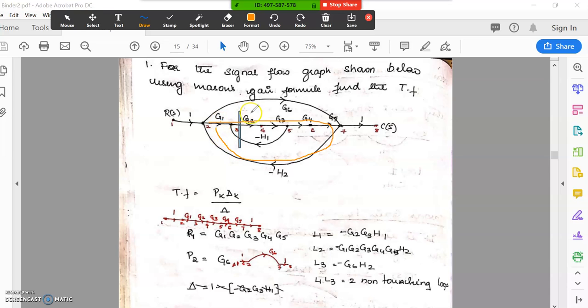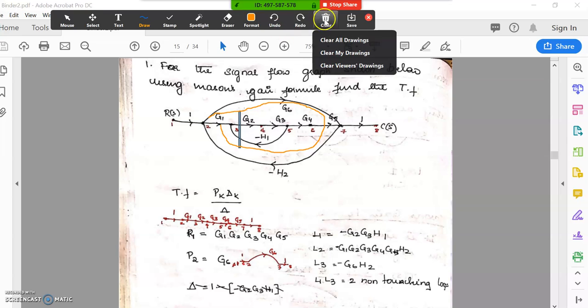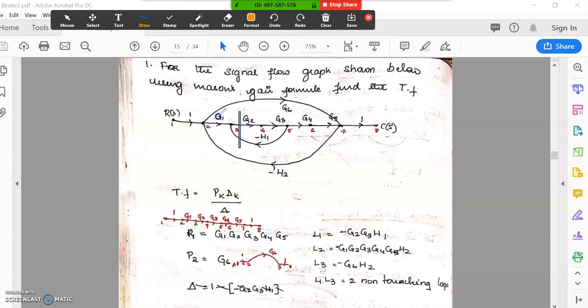It is G1, G2, G3, G4, G5 and minus H2 is the second loop. What about the third loop? Yes, we have a third loop, that is G6 and minus H2. It is G6, this path, and minus H2, this path.